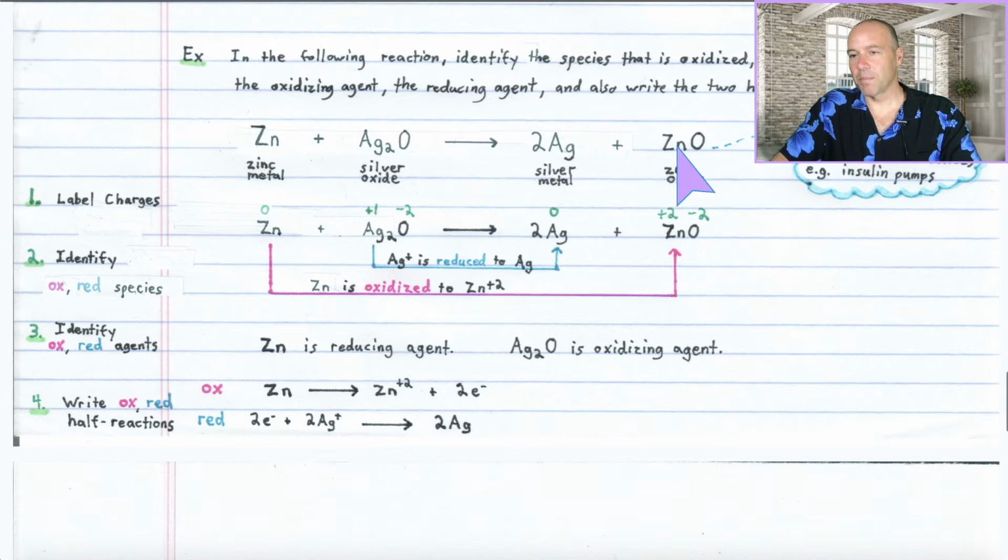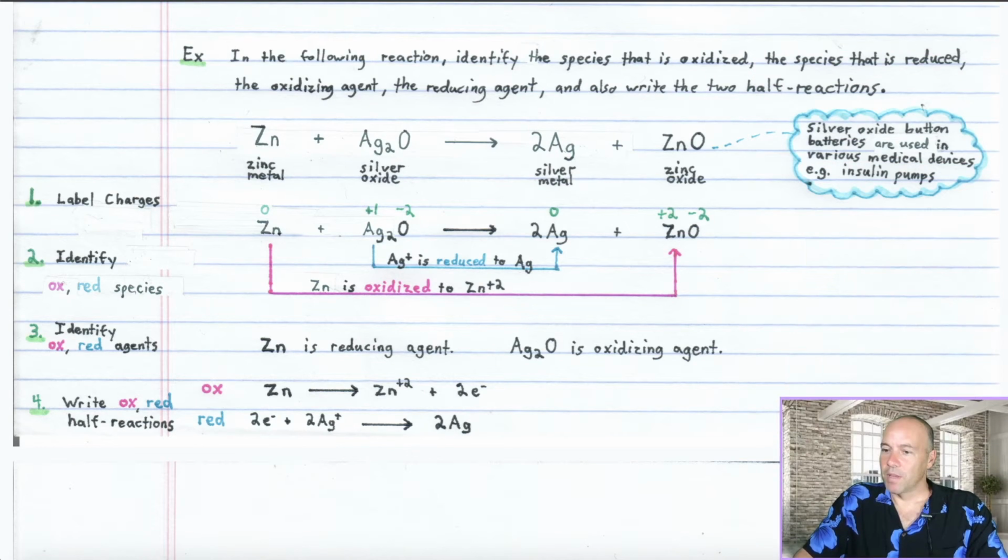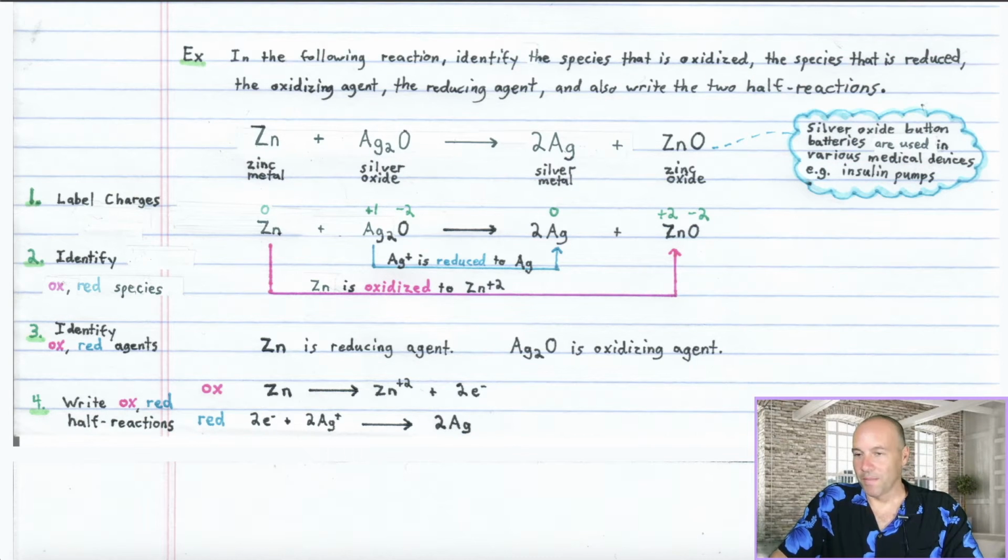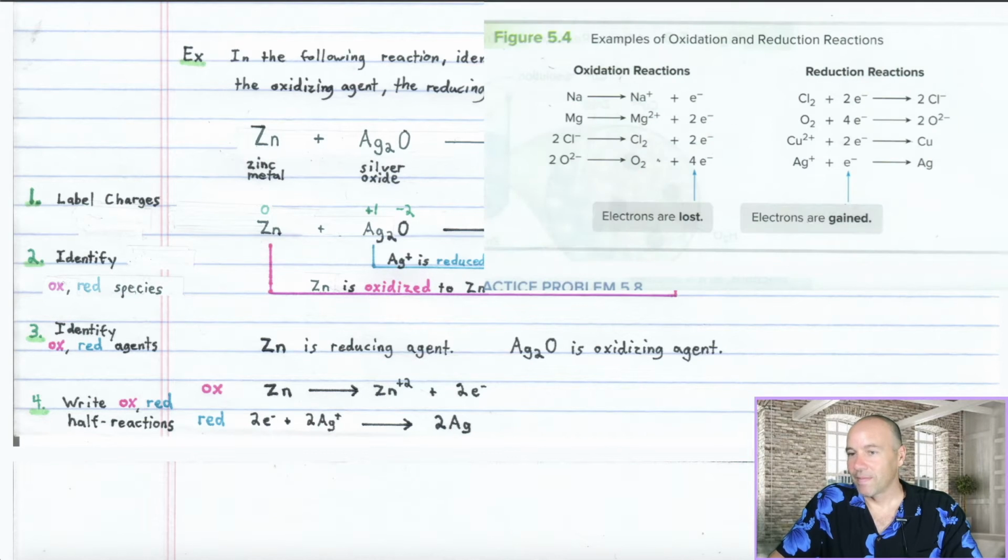Before we look at this example, let's take a quick look at a few other examples of redox reactions, just to get a little bit more familiar with them. Here's figure 5.4, and in this figure, we're shown several oxidation half reactions and several reduction half reactions.